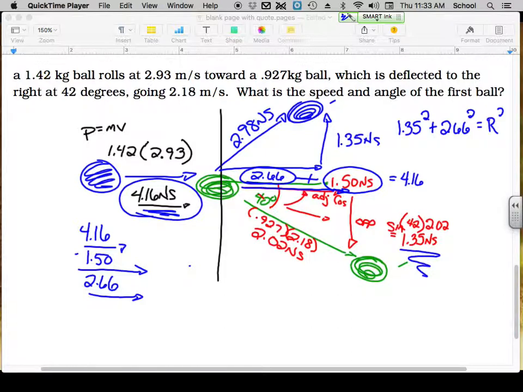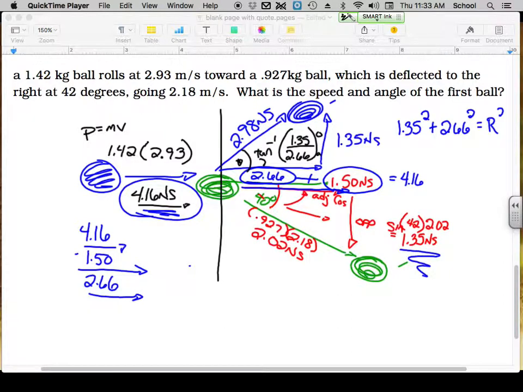Then, of course, we want to find the angle. Now, to find the angle, the way we always find the angle in here is we do the tangent to the -1, because we're looking for the angle. So it's second tangent. And then inside the parentheses, we're always going to put the opposite over the adjacent. Well, the opposite side of this angle that we're looking for is the 1.35, and adjacent is right here next to it, the 2.66.